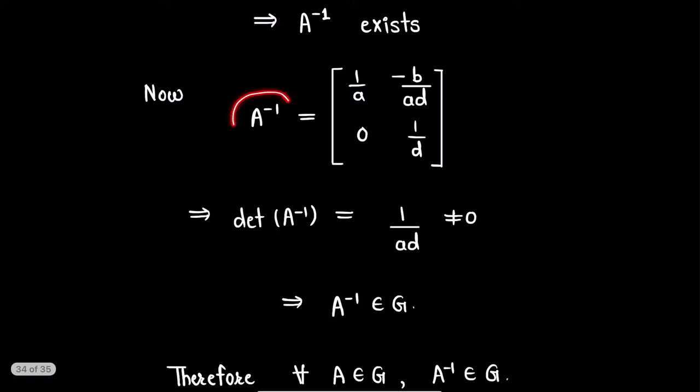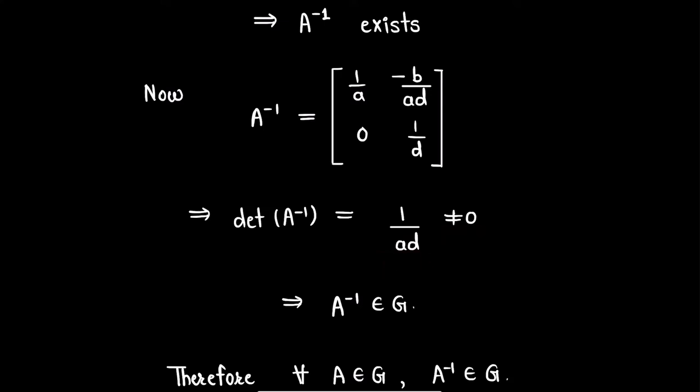Now, A inverse will be a matrix of this form, which is again an upper triangular matrix, and for which the product of diagonal entries, which is equal to 1 upon ad, will be again not equal to 0.